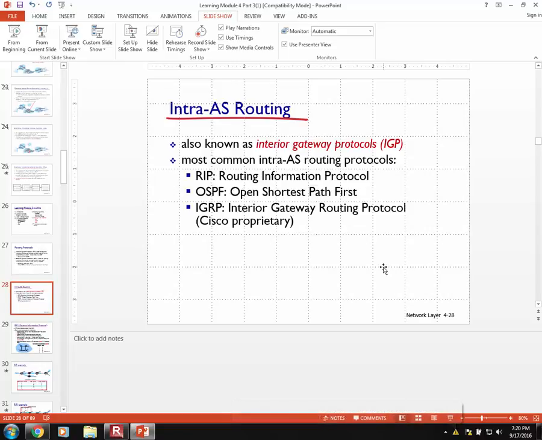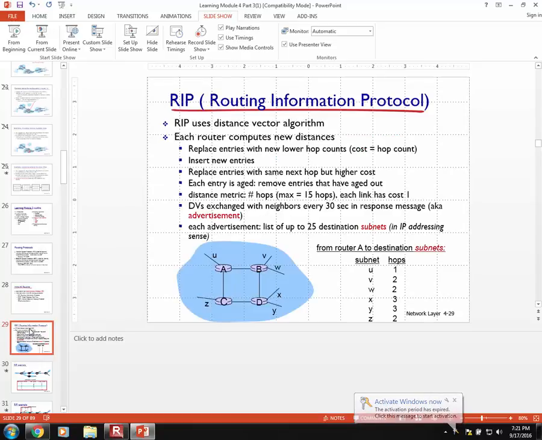So intra-autonomous system routing is also known as interior gateway protocols, the most common being RIP, OSPF, and also Cisco uses one called IGRP, which is Cisco proprietary. So we're going to take a look first at RIP.